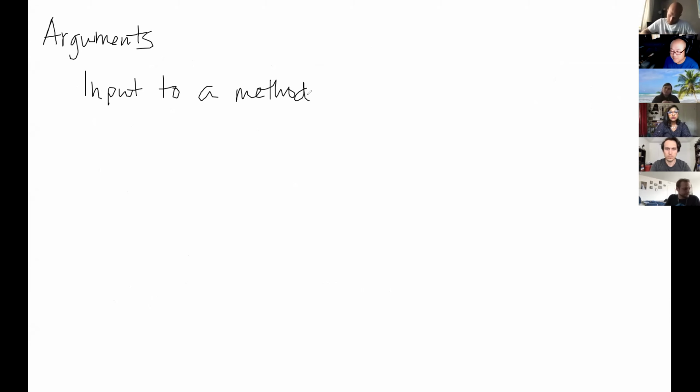Sometimes, in this previous example, we've seen hello world, and we've called this upcase method on the hello world object, which is fine. Sometimes that's all we do. But sometimes we want to give it more information. Arguments in general are the input to a method. And when you define a method, they are known as parameters.